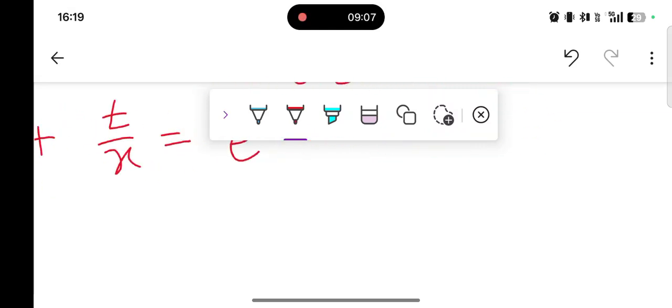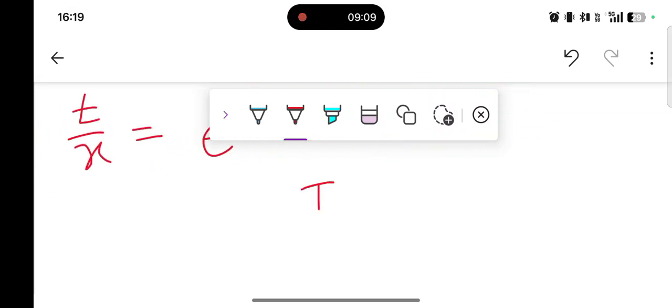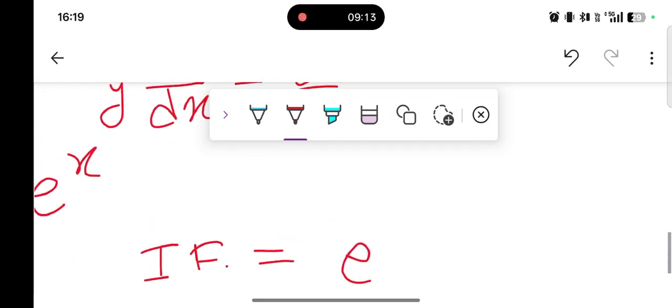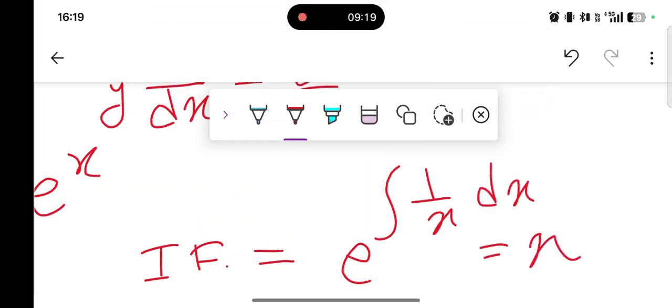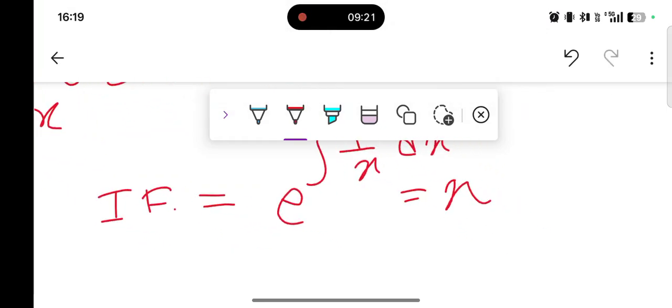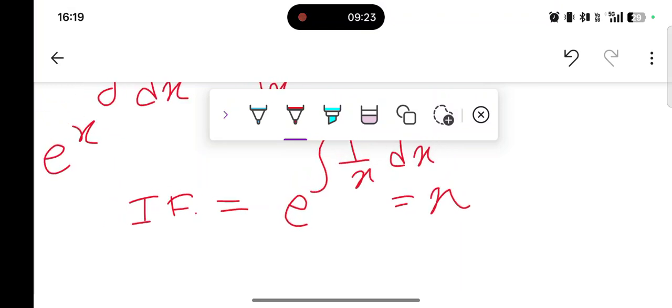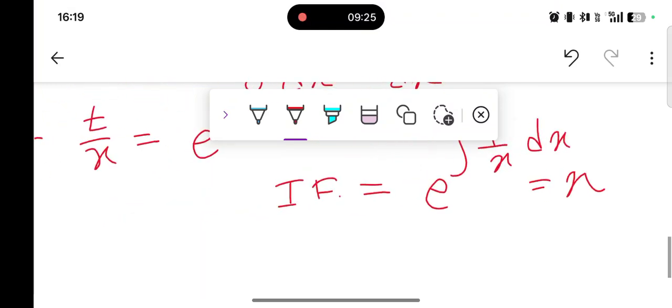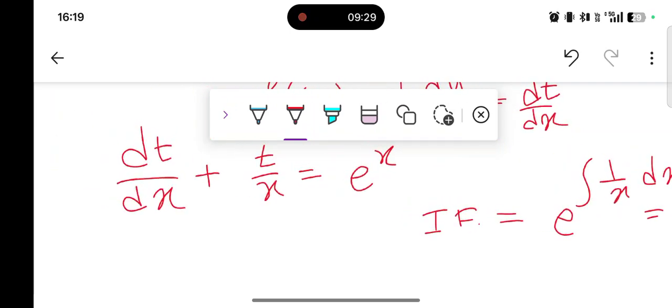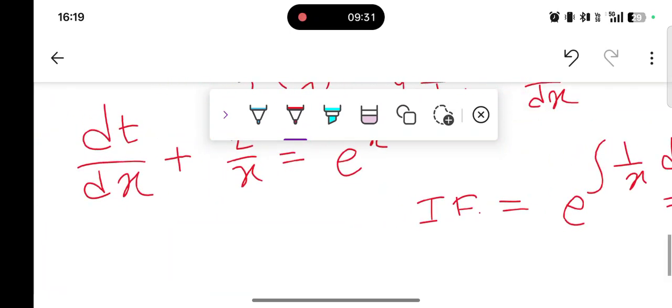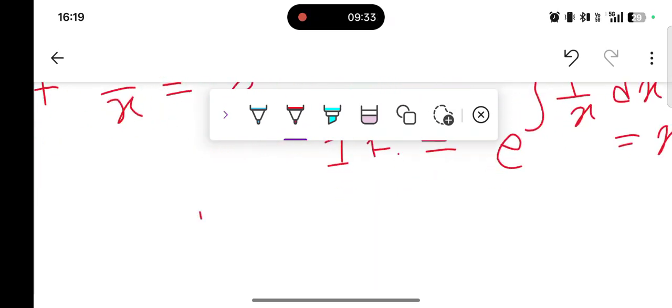In that case, the integrating factor is what? We have to find out the integrating factor first, which is e to the power integration of 1 by x dx, which is nothing but x, right? So the integrating factor is x. Now you have to multiply the integrating factor with what?